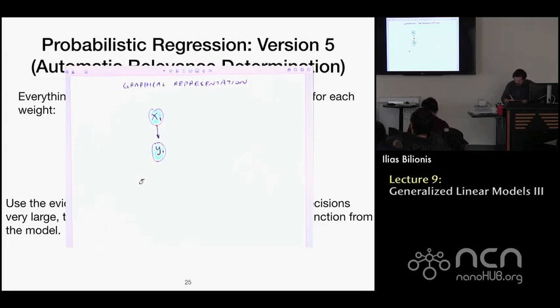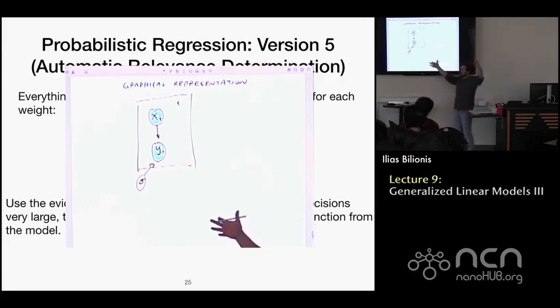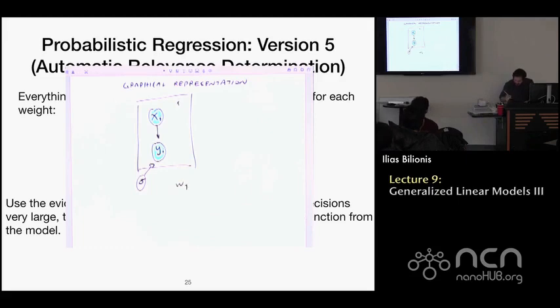Now your measurements of y are noisy. Okay, so here's your nice plate notation. But now we're going to expose the w's, right? So now I'm going to introduce the w's one by one. So here's wj, and I'm going to use plate notation.